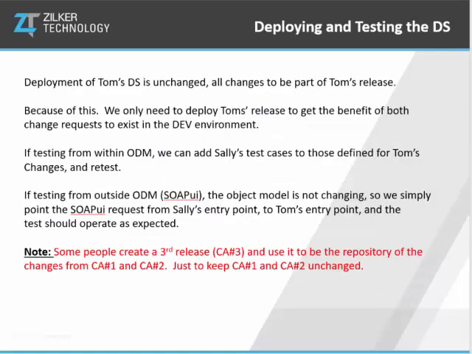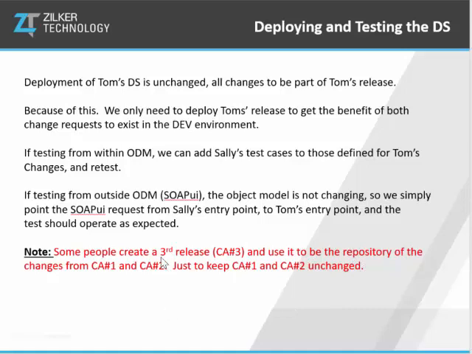Now, I do want to highlight one thing. Since we're moving forward with Tom's release, because we've copied Sally's changes to Tom's, there is another approach here, and I want to just highlight that, and then we can talk about a few other things. Some organizations, some people, before they ever do any merging or release management, want to create a release 3, which is really going to be a combination of release 1 and release 2.